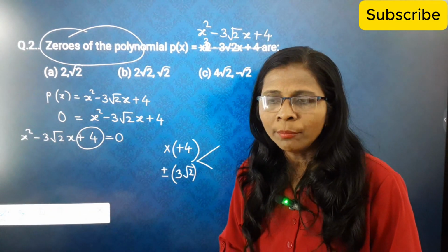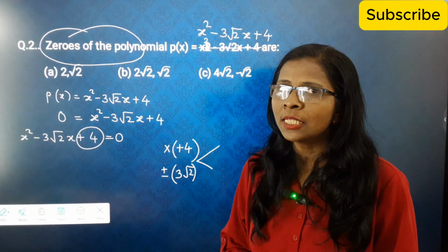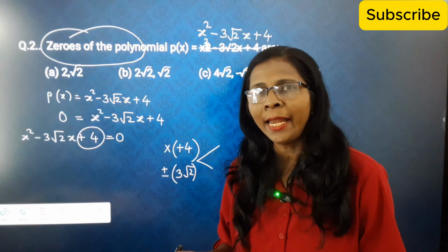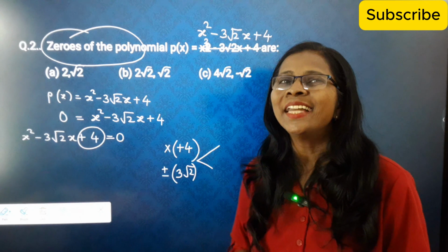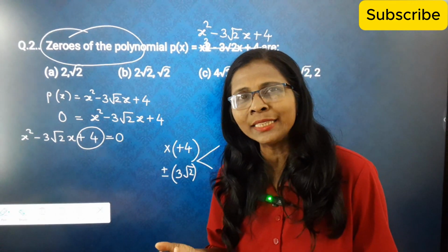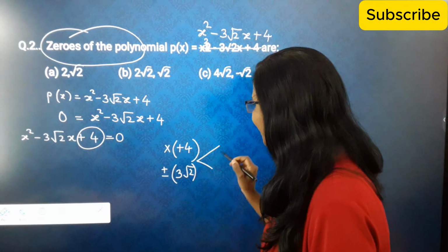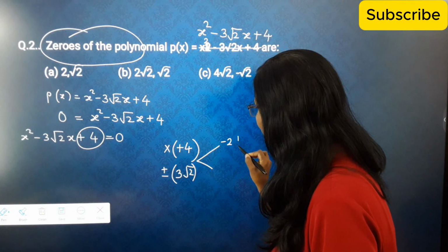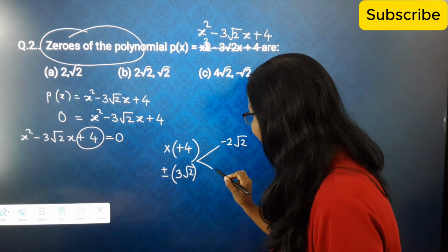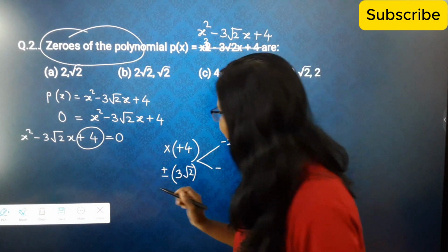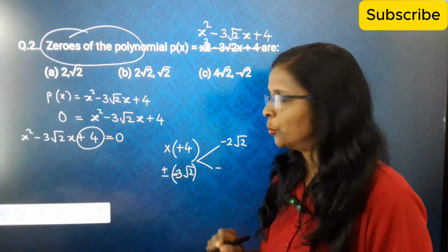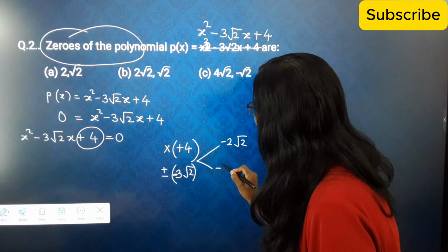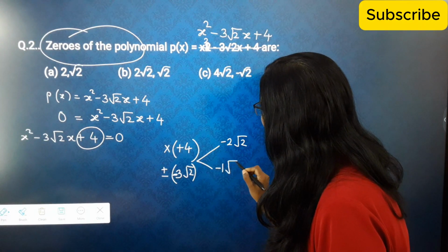Which are these two numbers? Which numbers fulfill these two conditions? Those numbers are minus 2 root 2 and minus 1 root 2.